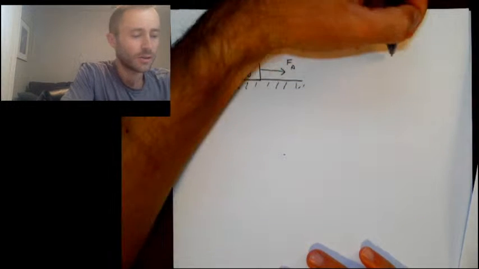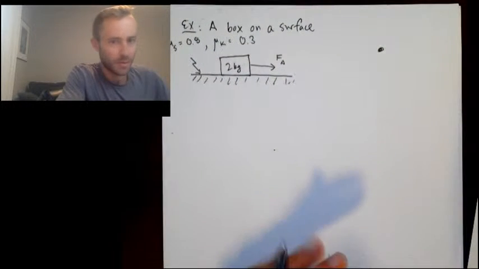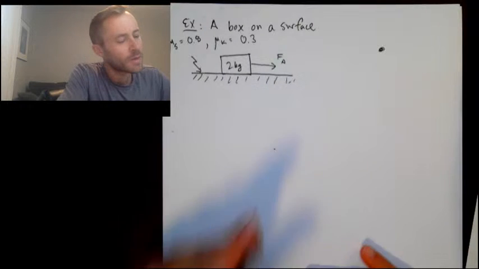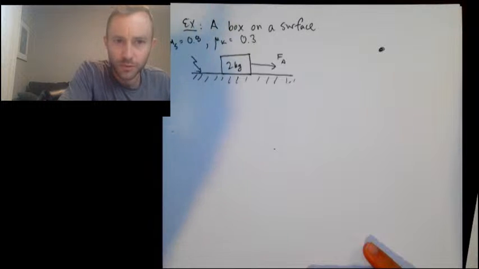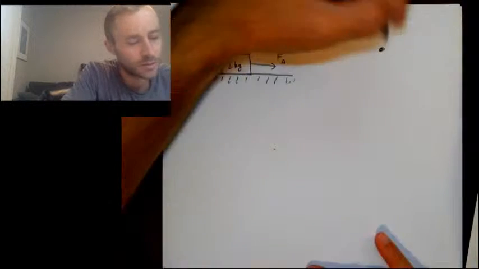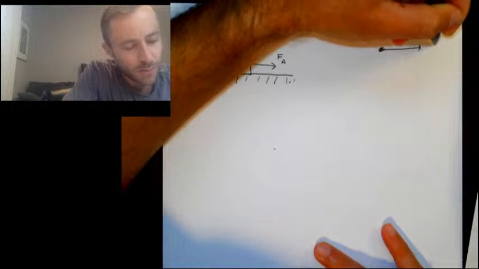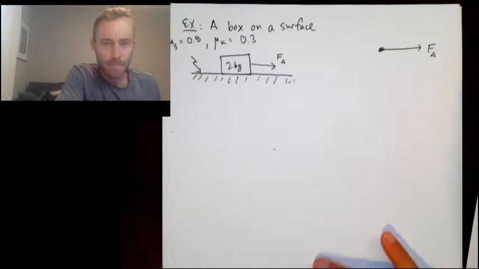So if I were to do a free body diagram, remember, we just represent the object as a dot, and we put arrows for each force. There are actually 4 forces acting on this object. There is the applied force, which goes to the right.